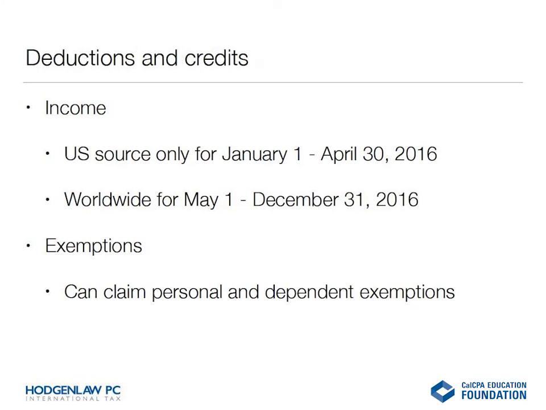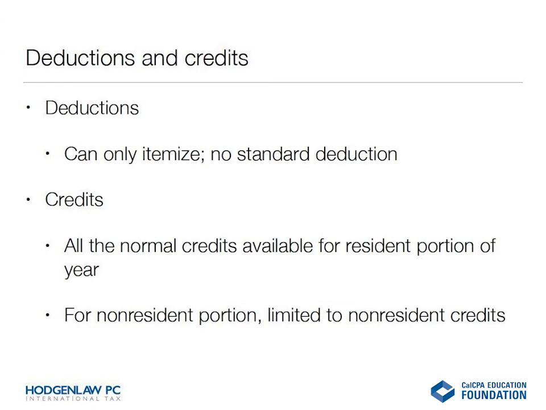Exemptions, she'll be able to claim personal and dependent exemptions because she's filing as a resident. Deductions, because she's filing a dual status return, she cannot claim a standard deduction, but she certainly can itemize her deductions. And all the normal credits that would be available for the resident portion of the year are available to her. And then for the non-resident portion, again, that's going to be a little bit more limited.